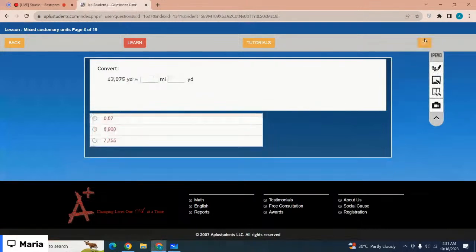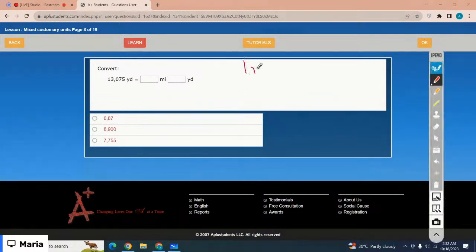Okay, the next one is 13,075 yards. 1 mile equals, I think, 1,760 yards, right?